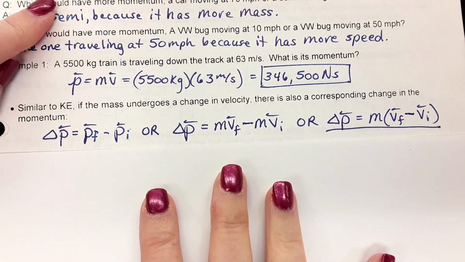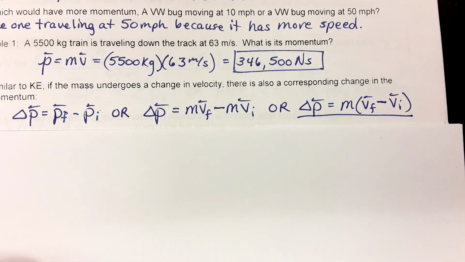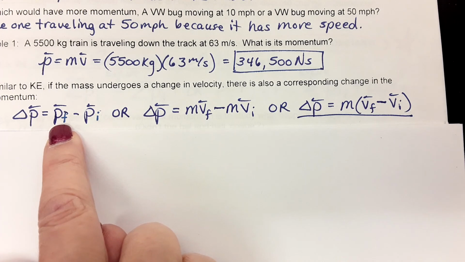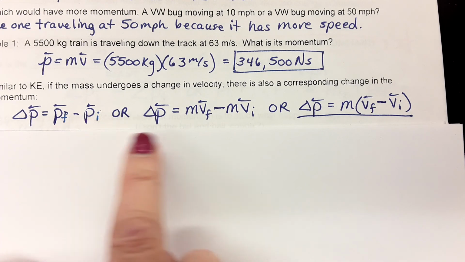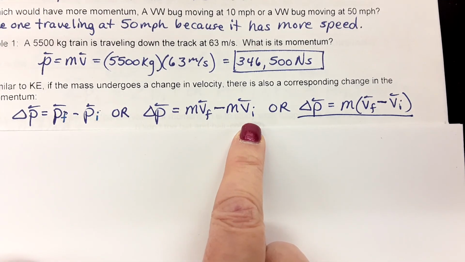So look right here. We can also write change in momentum several different ways. It depends on what you want to do. We can, using delta, say it's the final momentum minus the initial momentum. And if you substitute appropriate mv's in for that, you could say it this way.